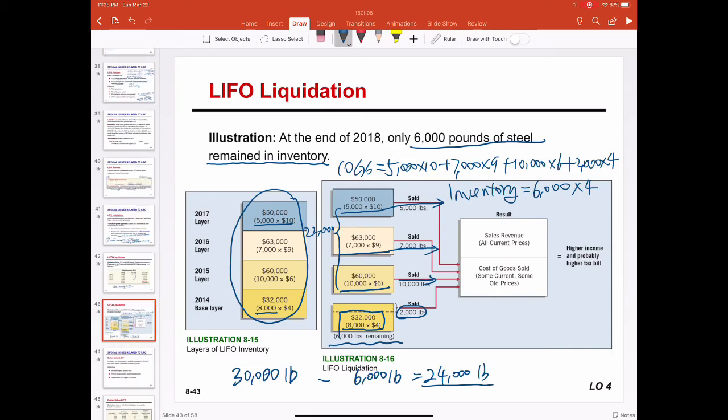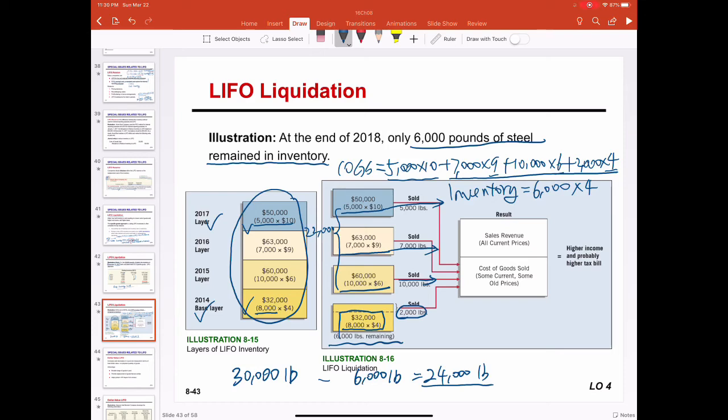So no matter whether the steel was purchased in 2014 or 2017, they are all steel. There's no difference. The only difference is the unit cost, right? Because some older inventory is expensed, which is much cheaper than the inventory in 2017.